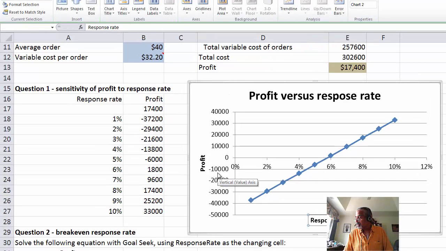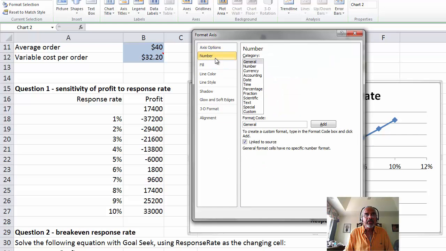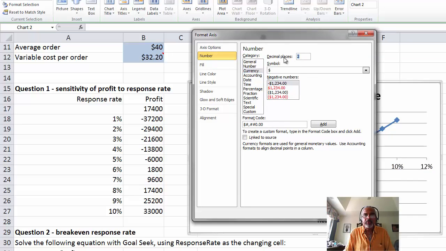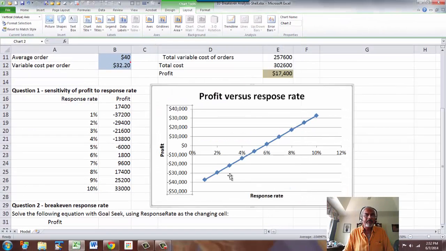Now we can include a dollar sign for these numbers. So click on these values to make a box, right click, format, number, currency, let's put no decimal places there. So that gives us the graph.